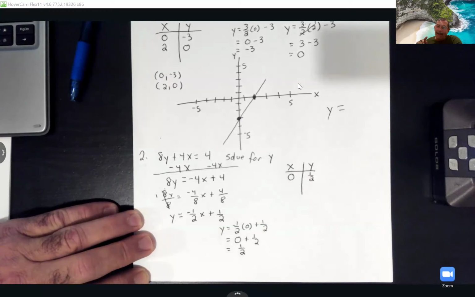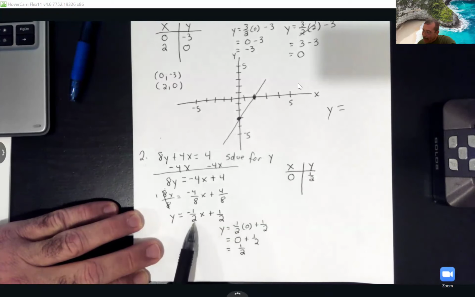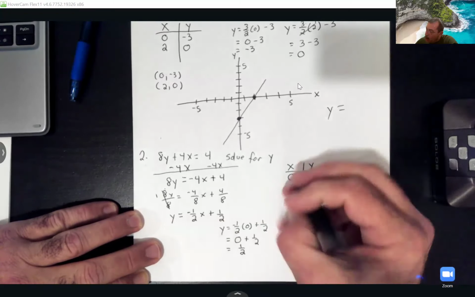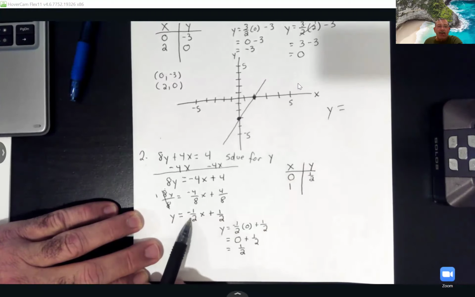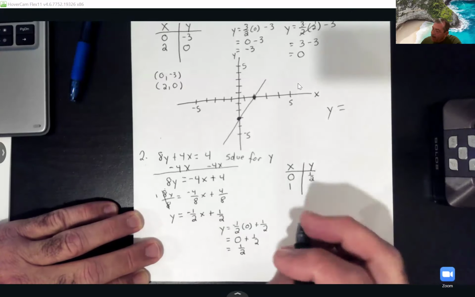Now, the second number, think about what I got here. I got a negative 1/2 here, a positive 1/2 here. I'm going to make the second x a 1. Because 1 times negative 1/2 gives me a negative 1/2 plus a positive 1/2, which will give me what?